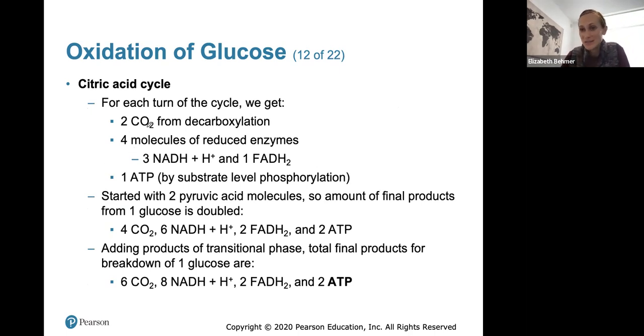It goes around twice, one for each acetyl-CoA that enters. We get 2 carbon dioxide, 4 molecules of those reduced enzymes, which have our electrons that we need, and only 1 ATP. If we add the total final products, and you don't need to know total final products throughout, we're not at too much ATP yet, and that's our goal for this.